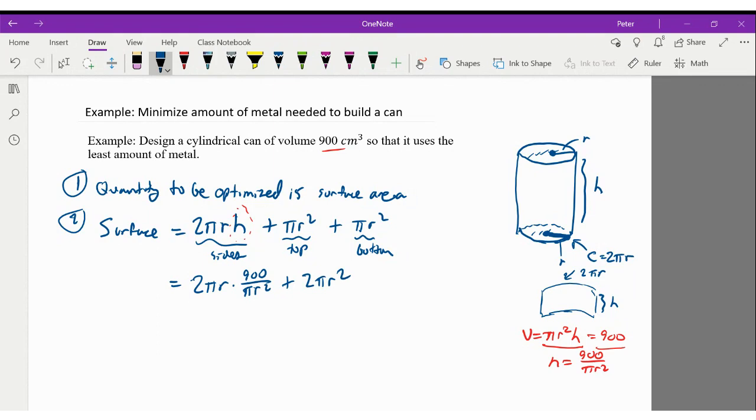So here, the pi's cancel, one factor of r cancels, and I get 1800 over r plus 2 pi r squared. And that's the objective function, surface area as a function of radius. So this is the objective function that we're now going to optimize.